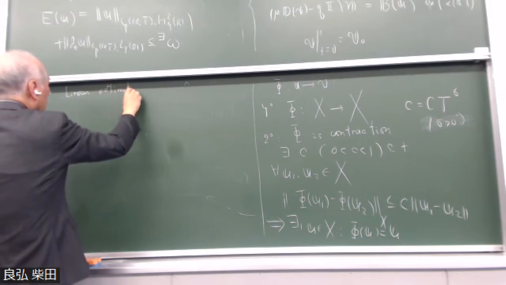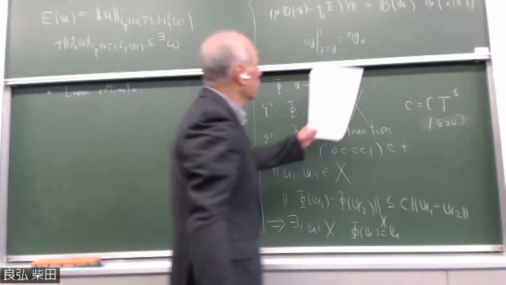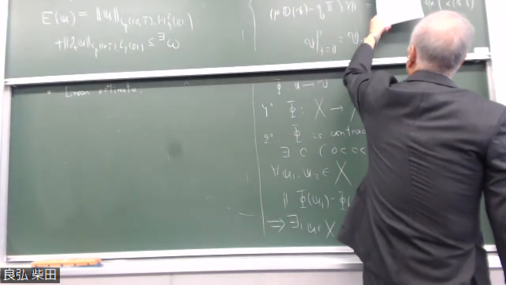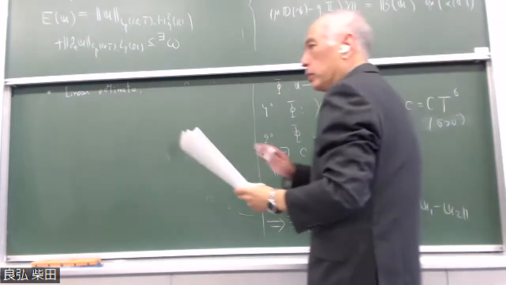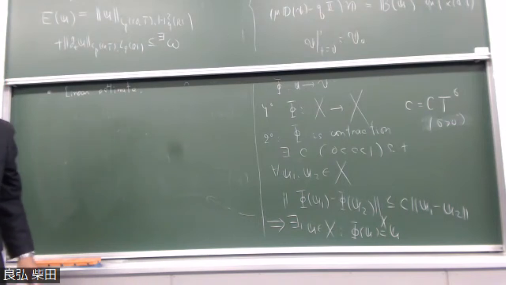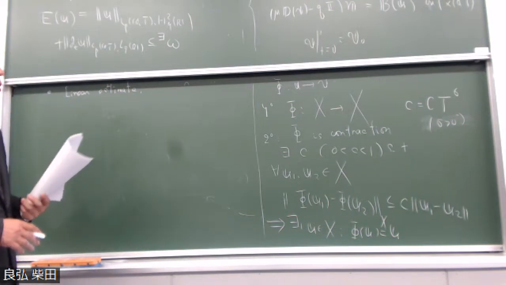I already wrote it, but the important point is that in order to get the linear estimate, first we extend the right-hand side to the whole time, because my theory deeply depends on R-boundedness theory.